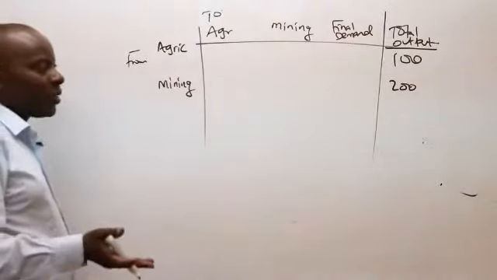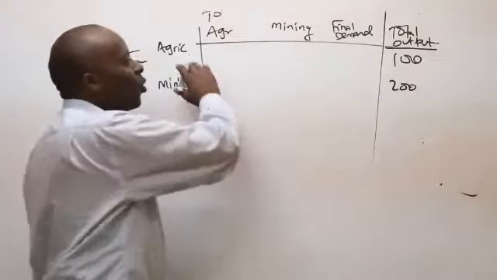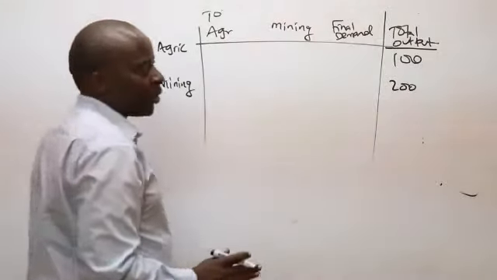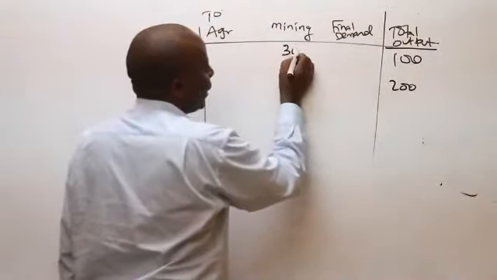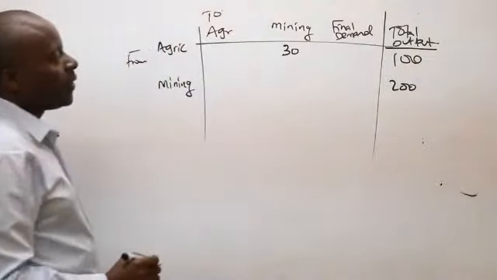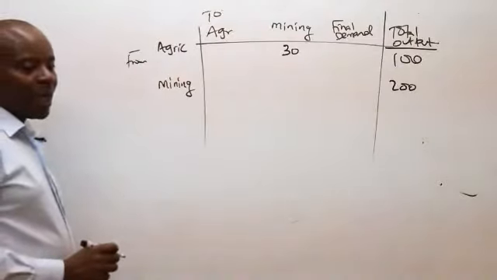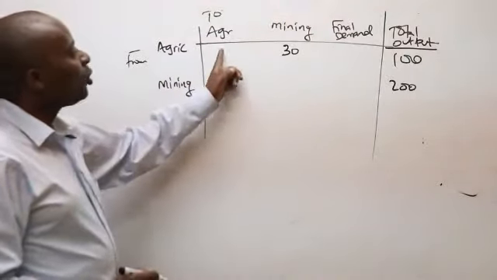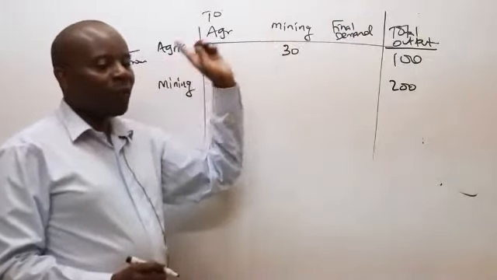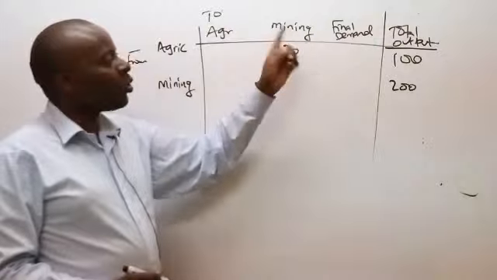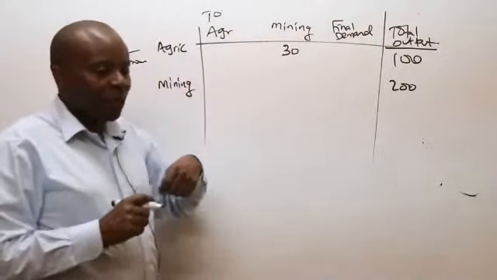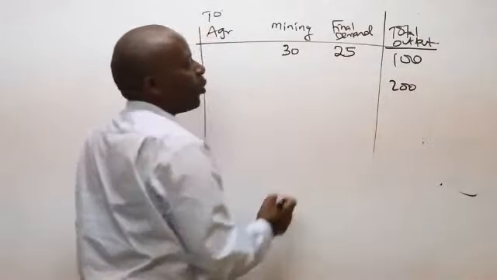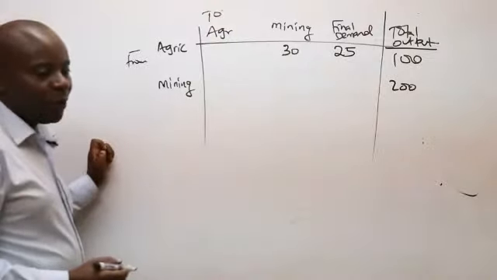For example, agriculture could have sold some bags of maize to the mining industry, say 30 kilograms to the mining sector. And then some maize flew out of the sectors for final consumption by us consumers, perhaps 25 kgs, what we call final demand.